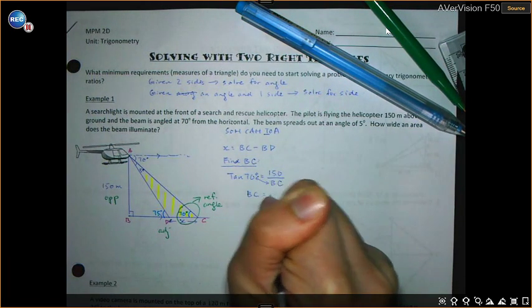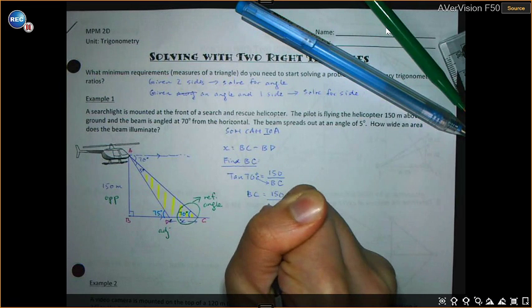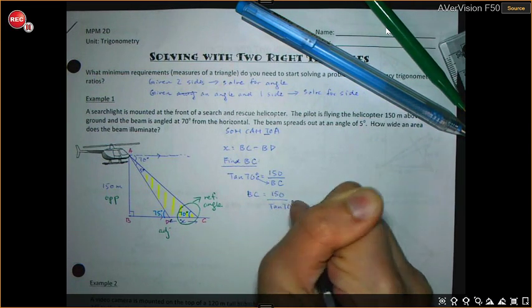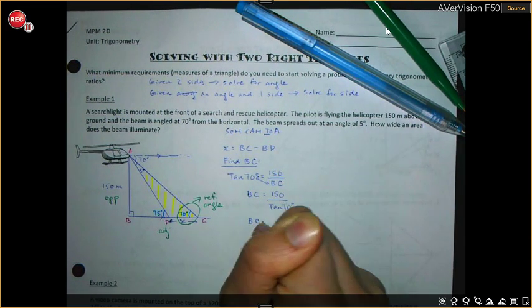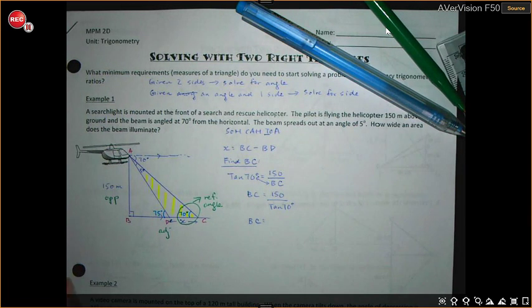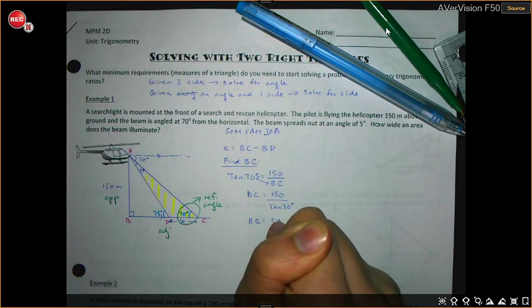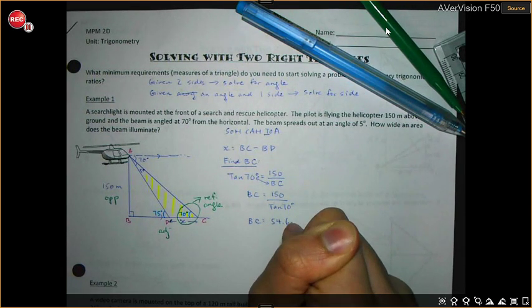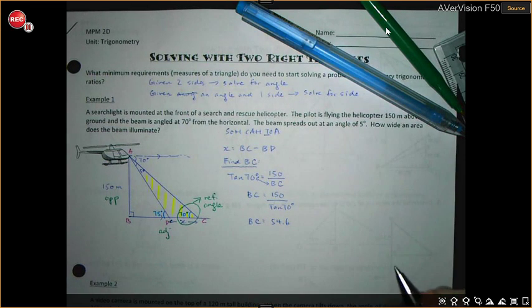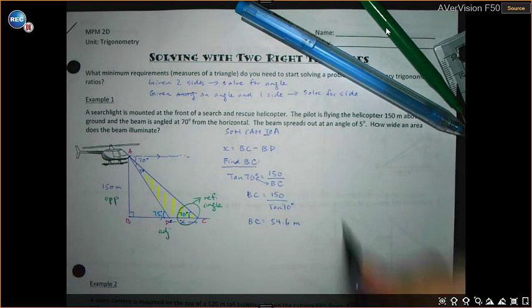BC equals 150 divided by tan 70 degrees, which is 150 divided by tan 70. Just round to one decimal place, 54.6. And is this meters?